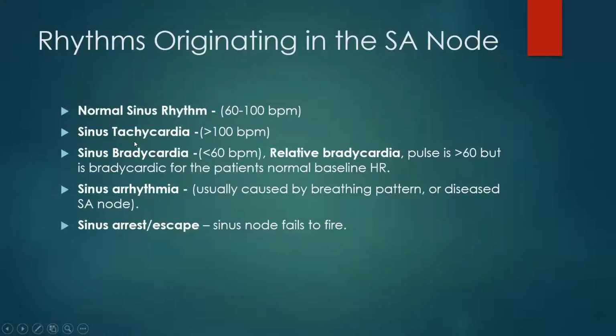Sinus tachycardia is not really a treating rhythm. We don't see sinus tachycardia and go, oh, we need to treat that. Sinus tachycardia is always a byproduct of something else going on, such as sepsis or hypoxia. There's always a cause of sinus tachycardia. Sinus tachycardia is never the cause itself. And the same with bradycardia.